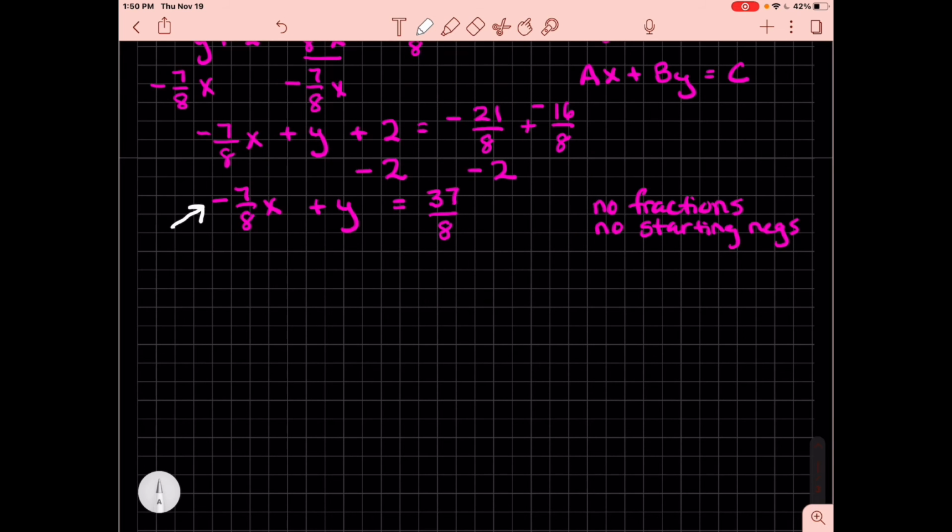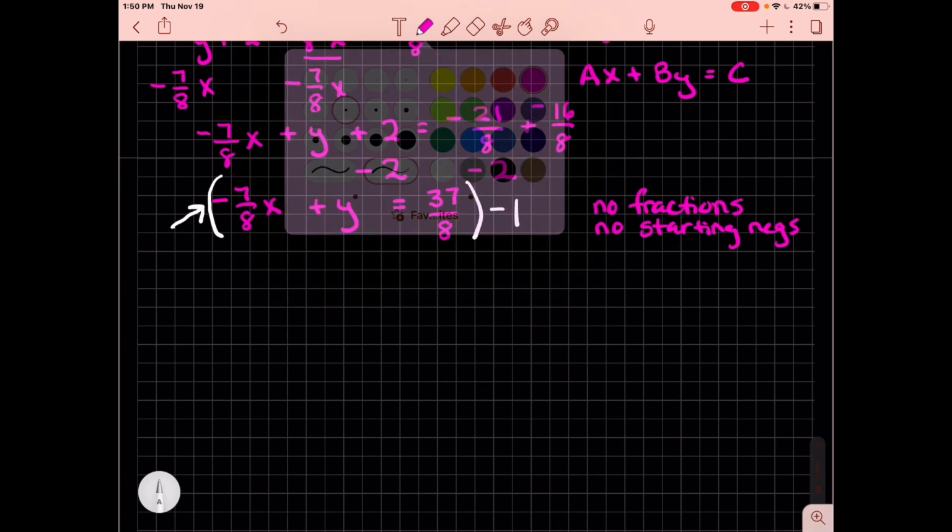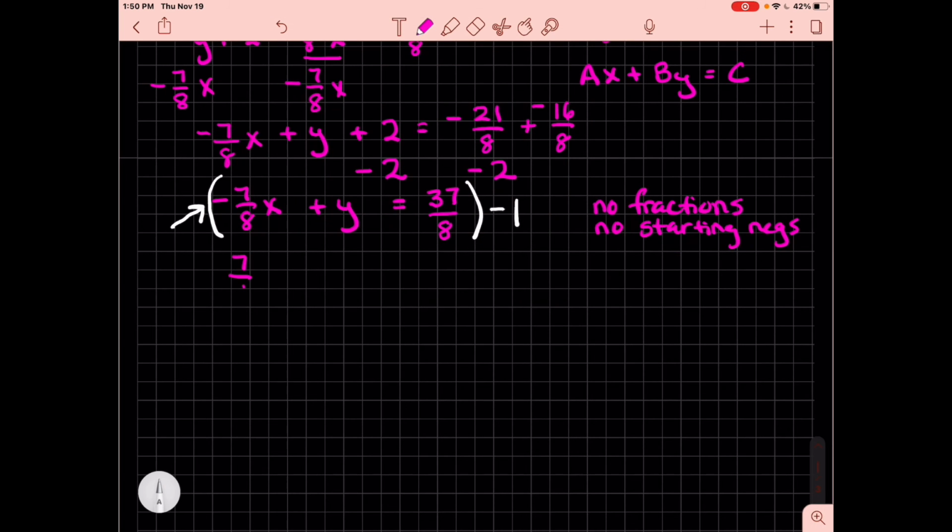If I were to multiply this entire thing times, say, a -1, it would just change things around a bit to look like this. 7/8 x minus y equals -37/8. So see how everything just changed signs? The only reason I did that is because it is standard to not start with a negative, to start with a positive, and then let everything else adjust to that.